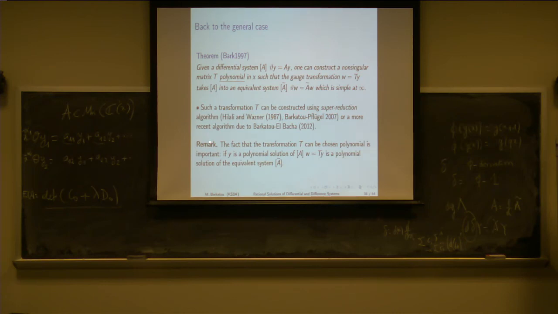More recently, with my former PhD student, Carole Barkatou, we developed an algorithm to compute simple systems without using this super-reduction. In the third part, I will talk about this super-reduction for general systems: differential, q-difference, and difference systems.